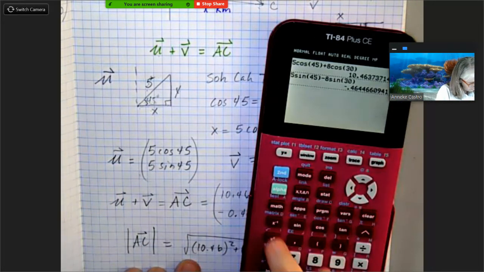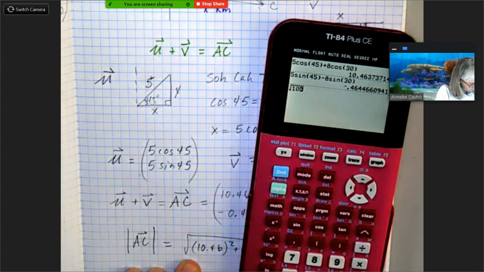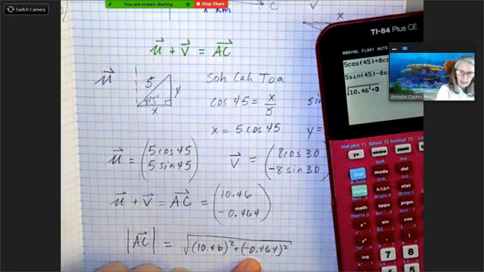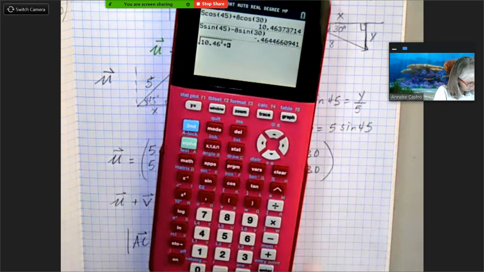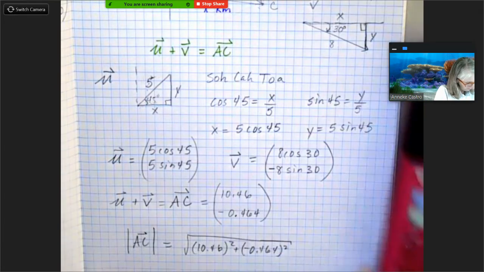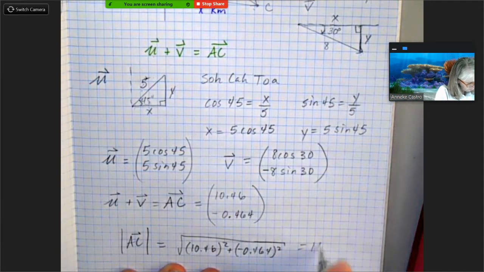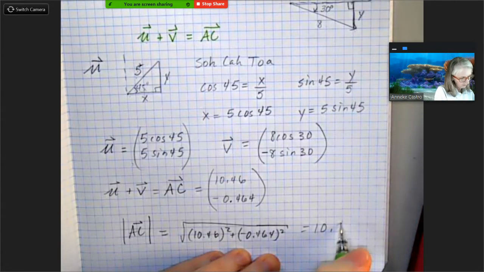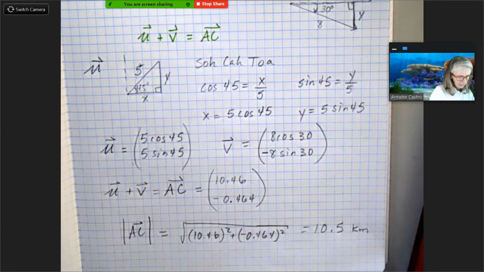So second function, square root of 10.46 squared plus, I'm going to ignore the negative because when I square it, the negative goes away, 0.464 squared, enter, and I get 10.47, which would round off to 10.5 if I'm doing 3 significant figures. So 10.5 kilometers is the distance.